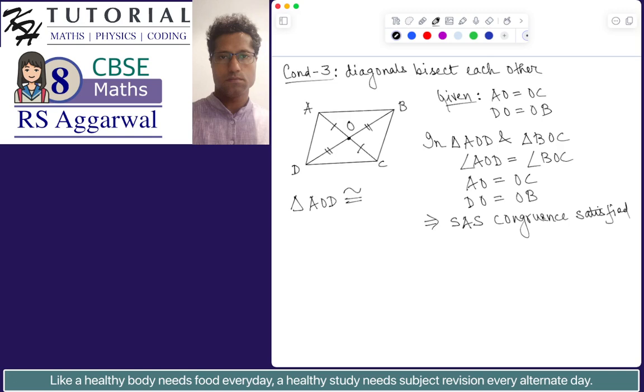Now, from the fact that AO is equal to OC and DO is equal to OB, so AD will be equal to BC, AD will be equal to BC.